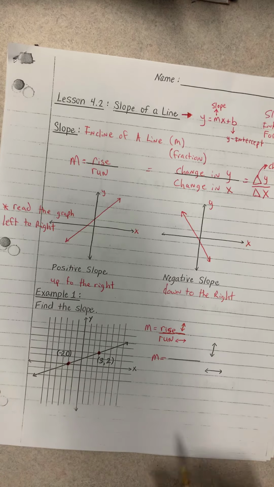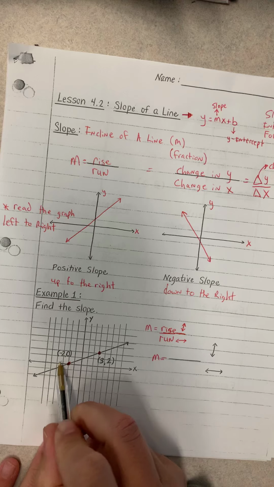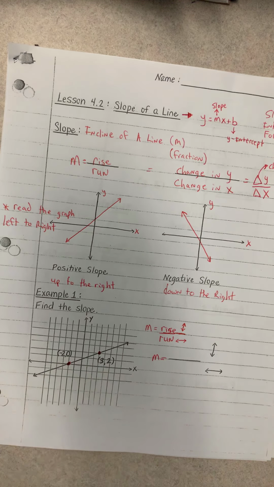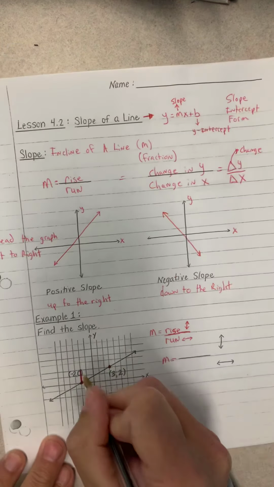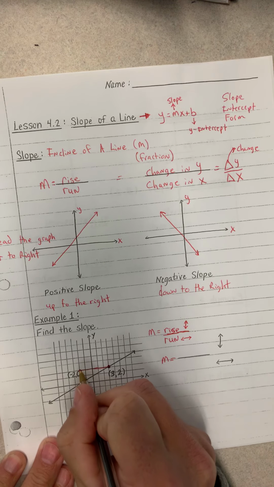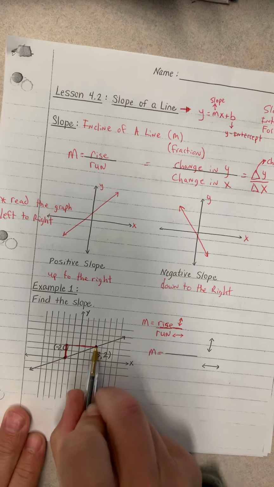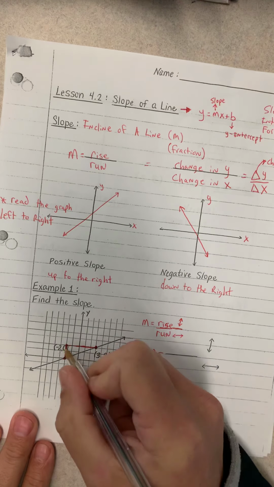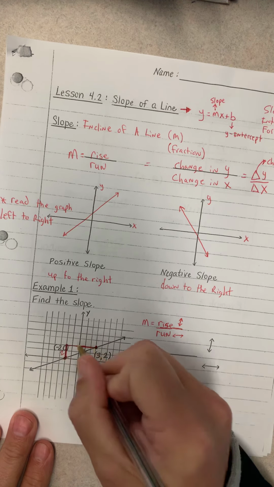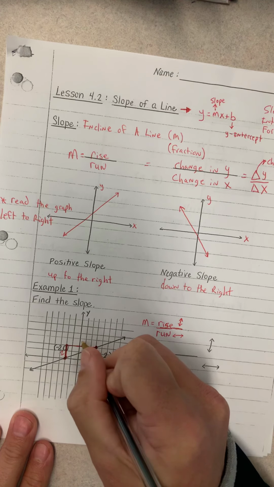So I'm going to just count this out. My rise to get from this point here, negative 2, 0, to this point here, 3, 2, I've got to go up and over. Rise over run. To get to that point, I go up 2 and over 1, 2, 3, 4, 5.